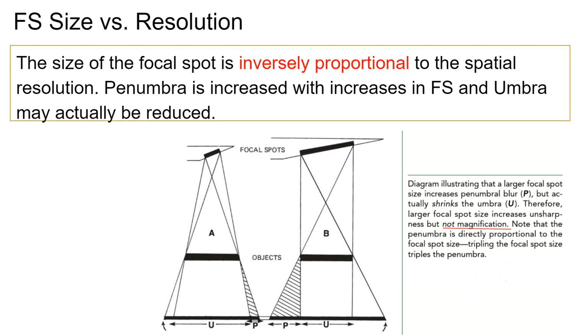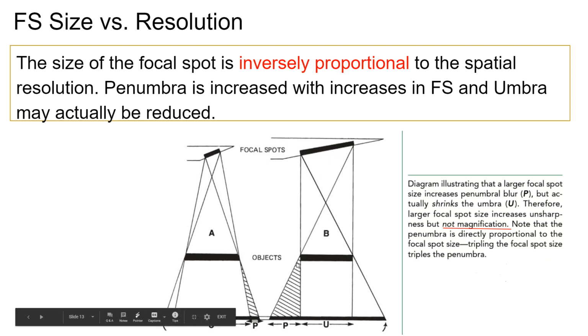Maybe. So what you see here are two different focal spots. We got an A on the left, a B on the right. So the larger focal spot size increases the penumbra. So this is the larger focal spot. And you can see our penumbra over here is much larger on the right side, right? This P versus this one on the left, right?